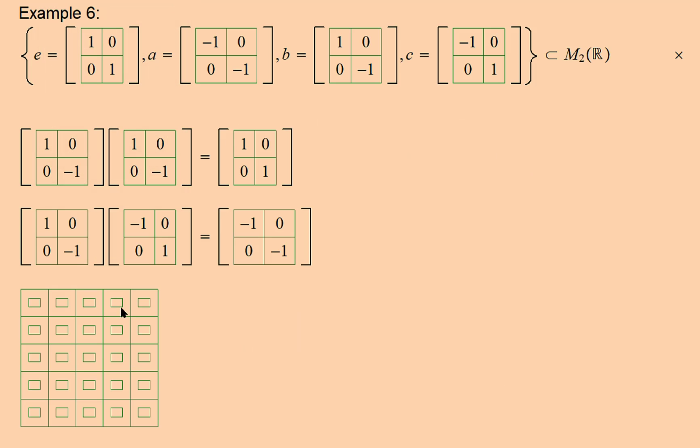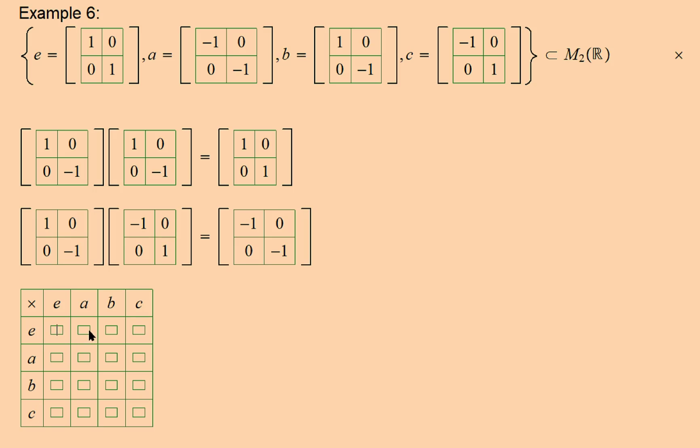We will write these as E, A, B, C, and then again E, A, B, C. When we multiply anything with E, we'll get the same set, right?